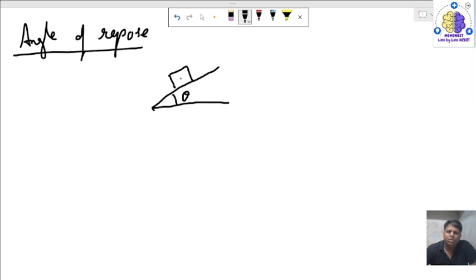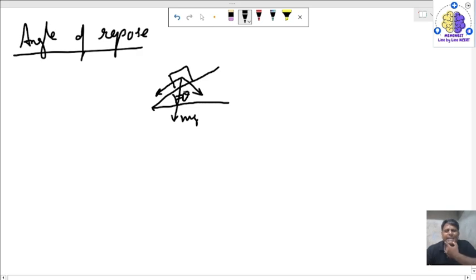Its weight mg acts in the downward direction, and this mg can be resolved into two components: one along the surface and another perpendicular to the inclined surface.